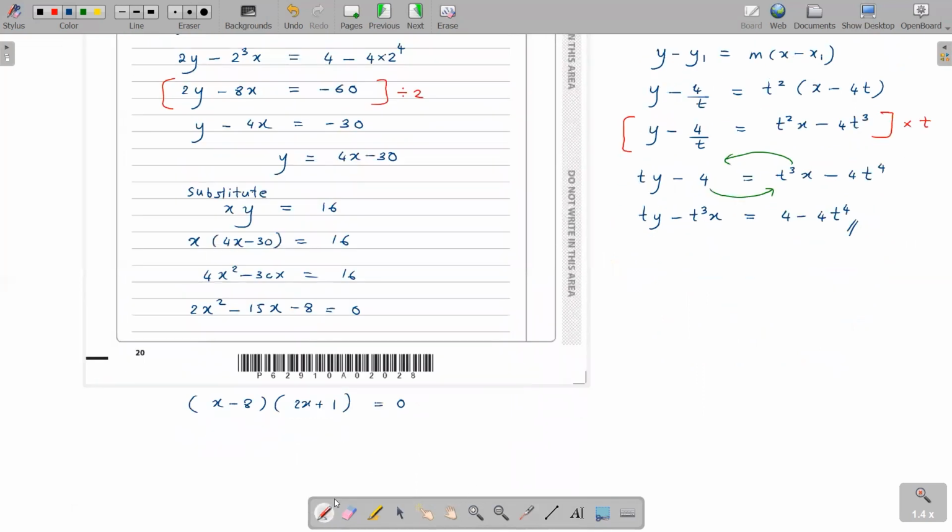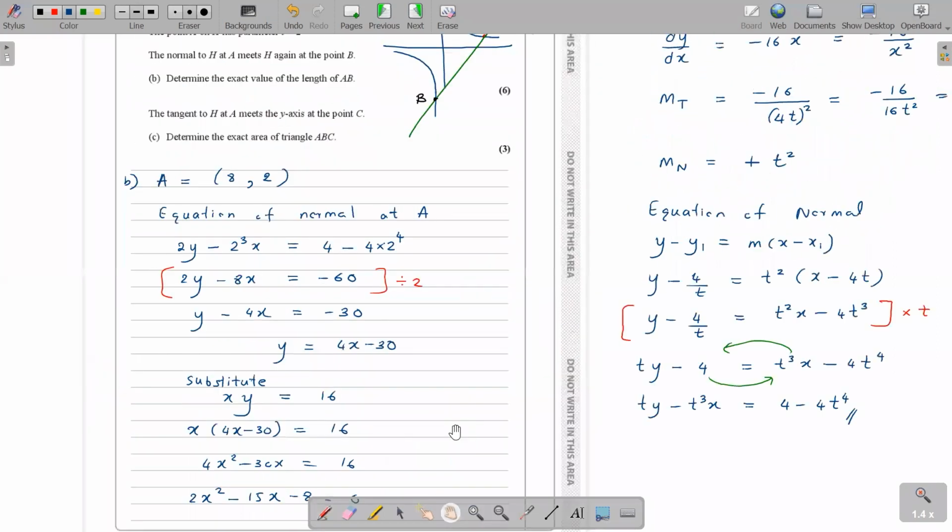Okay. So then we get x minus 8 is 0, or 2x plus 1 is 0. So x equals 8 or x equals minus half. Do you agree with me?